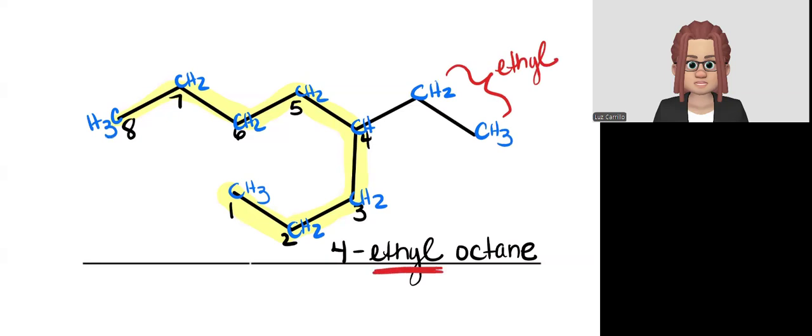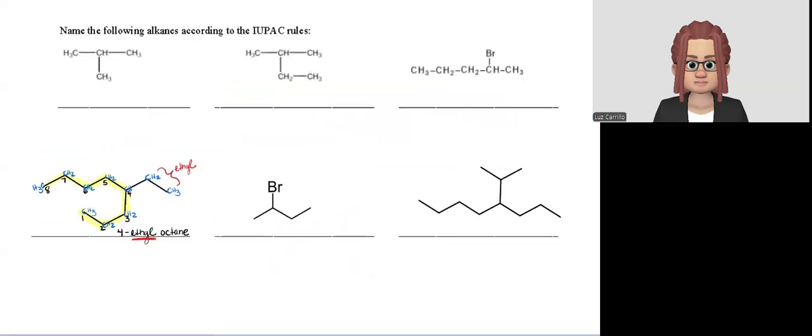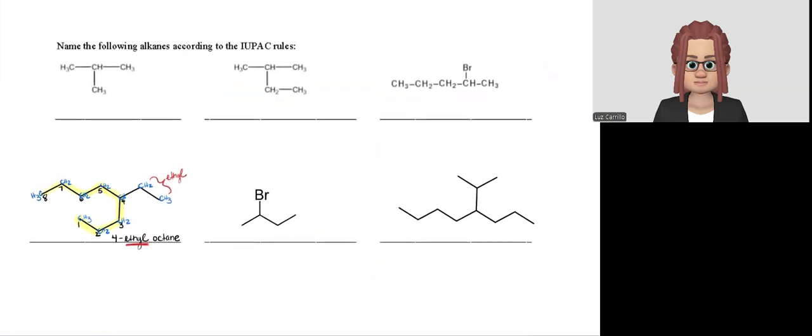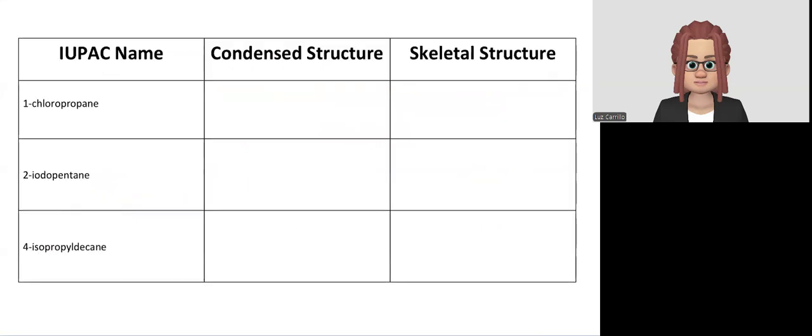Make sure that you practice naming alkanes with one substituent. Another important skill is, if you're given the name, know how to draw the condensed and skeletal structure for your molecule.